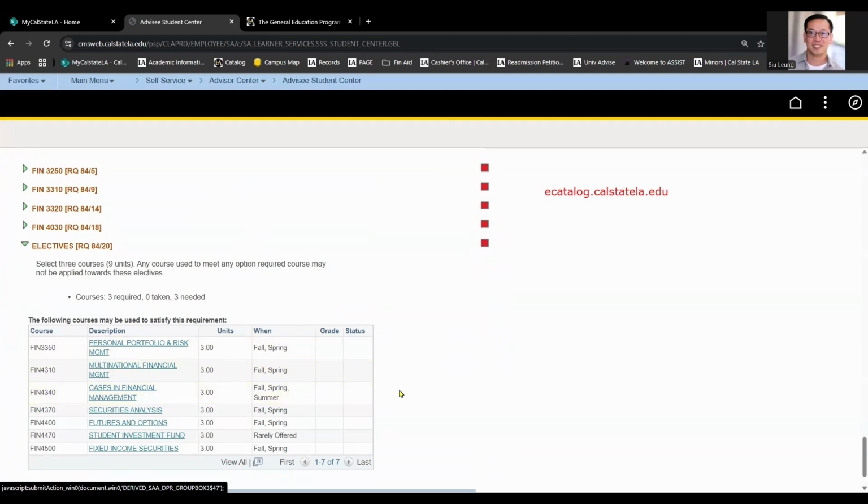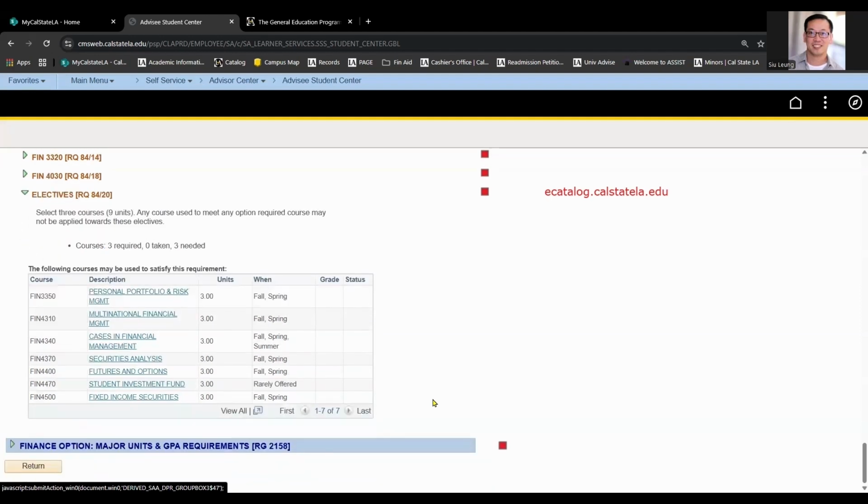So keep that in mind. If you need extra units, you will see that on your degree planner, but it's going to be labeled free electives. So free electives just means you need additional units just to reach the 120 unit minimum requirement. If you go over, that's fine. You can go over, but you can't be under and graduate. You need at least 120 units minimum.